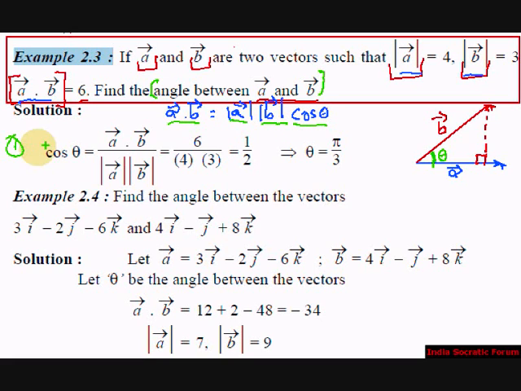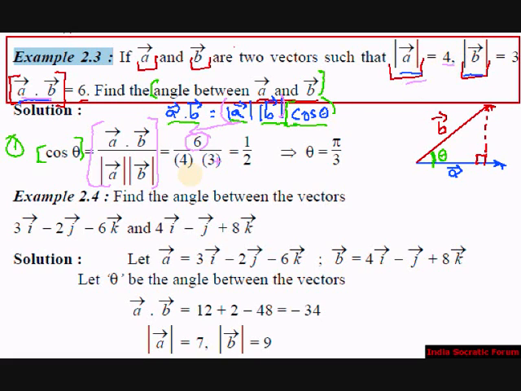We need to find the angle alone. We leave the cos theta here and bring these two down here. Okay, that gives this: cos theta equals A vector dot B vector divided by modulus of A vector into modulus of B vector. Now substituting the values, A vector dot B vector is 6.